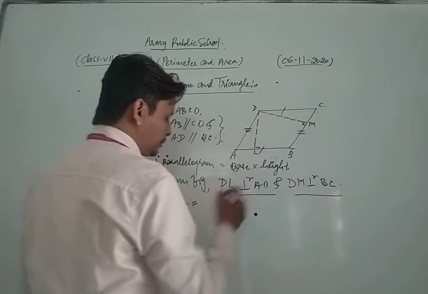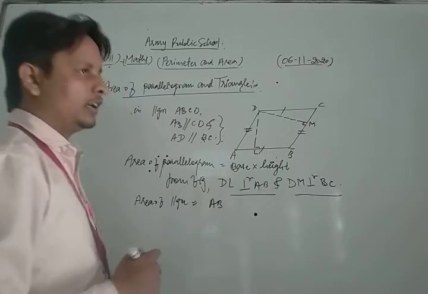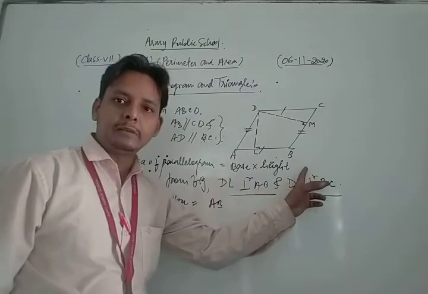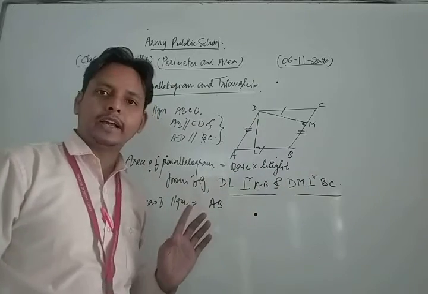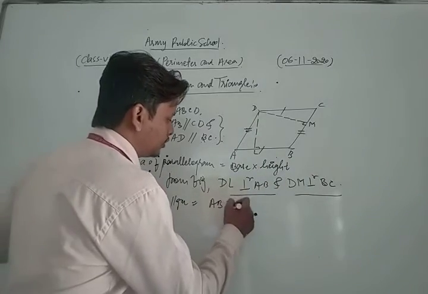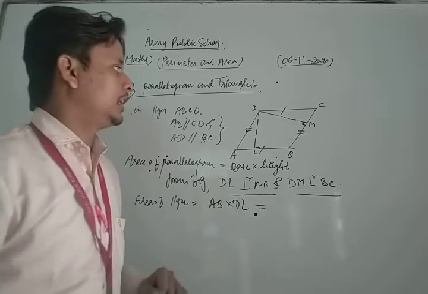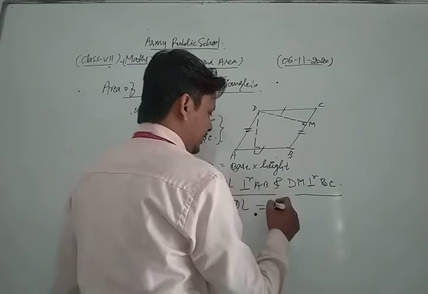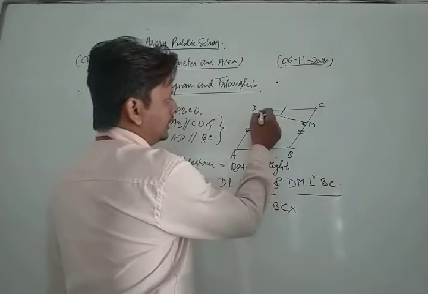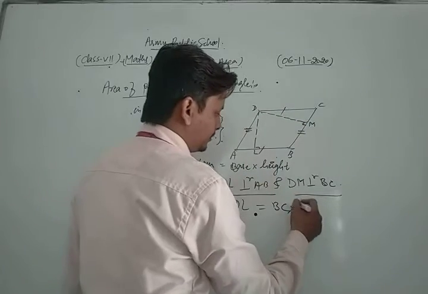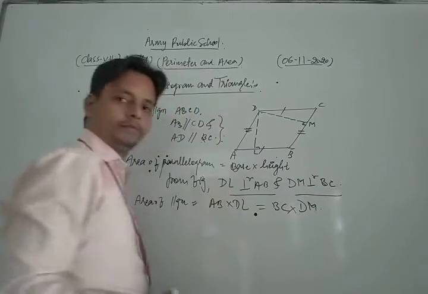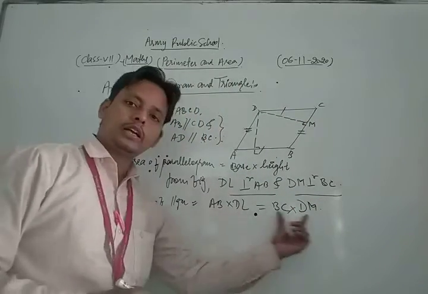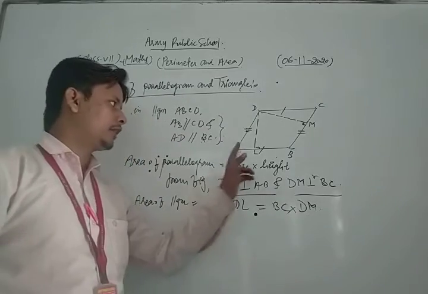If we take base AB, then the corresponding height is DL, so base into height means base into DL. And if we take BC, then the corresponding height is DM. Both are formulas for the area of parallelogram ABCD.